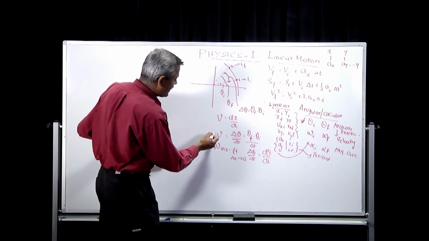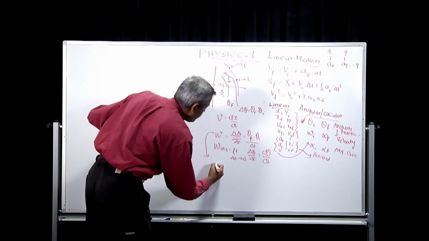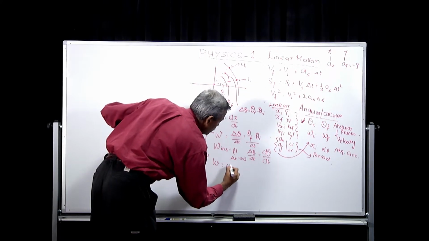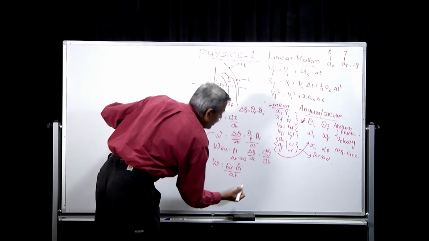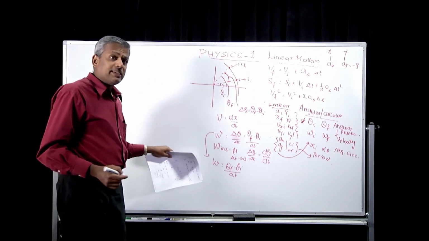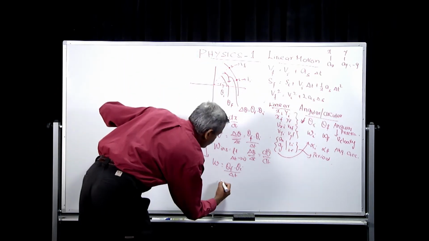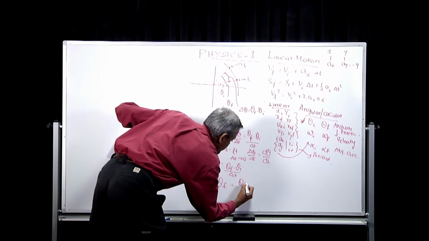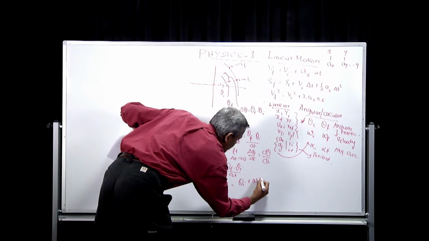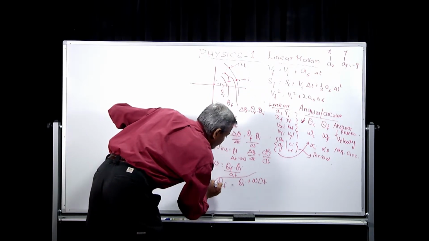If you look at this equation, omega is equal to theta final minus theta initial over delta t. I can also write this as a linear equation, that means theta final is theta initial plus omega delta t.